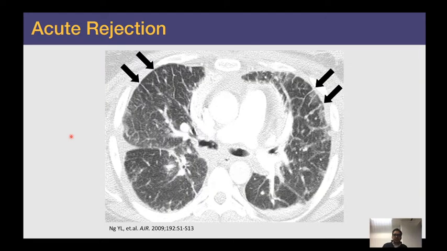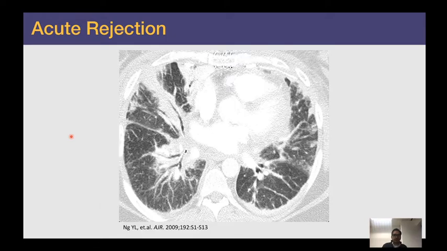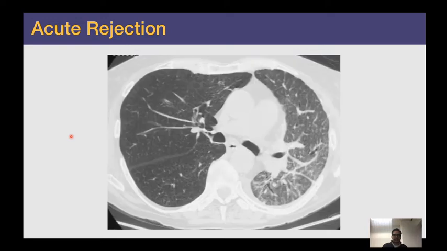But this is what it looks like on CT. This looks exactly like pulmonary edema with interlobular septal thickening. It looks like lymphangitic carcinomatosis, right? And this is a case where there's more consolidation, peribronchial consolidation, and interlobular septal thickening. And notably, it'll only occur in the transplanted lung.